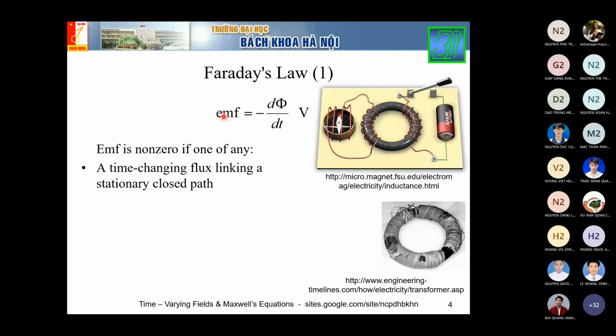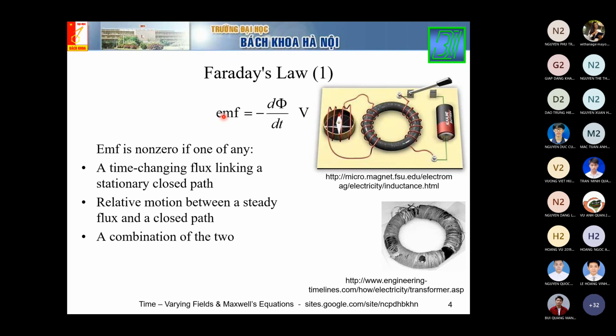Or, the magnetic flux does not change, but there is a relative motion between that magnetic flux and the coil. And the last one is that if we have both, then of course there is an EMF.